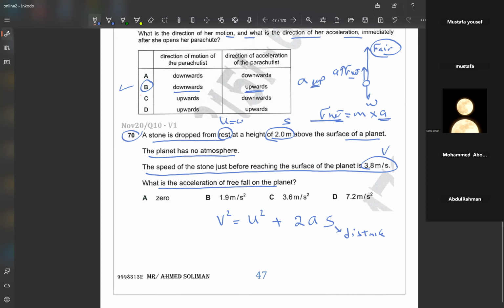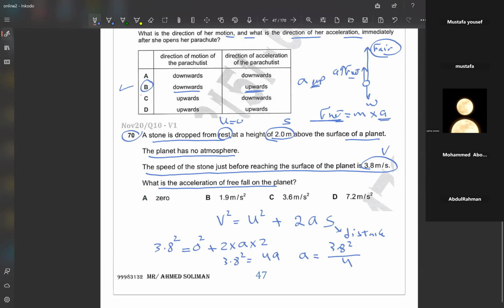And he asked about acceleration. So now I can write 3.8 squared equals 0 squared plus 2 multiplied by a multiplied by 2. Now 3.8 squared equals 4a. To find the acceleration, it will be 3.8 squared over 4.